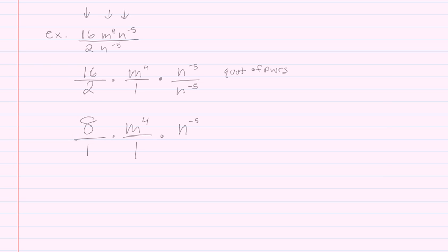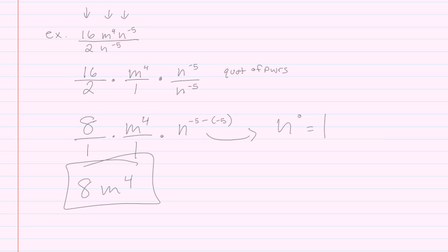So I have negative 5 minus negative 5, and that gives me 8 m to the 4th. That's still over 1, but this piece becomes n to the 0th, which is just 1. So I don't need to multiply that by 1, as it will stay the same since it's an identity. So it's just 8m to the 4th.